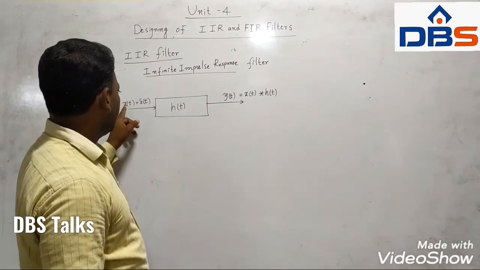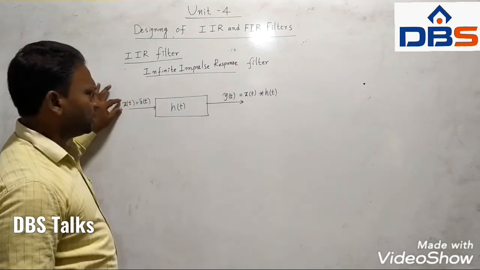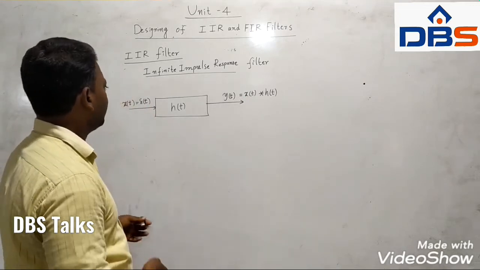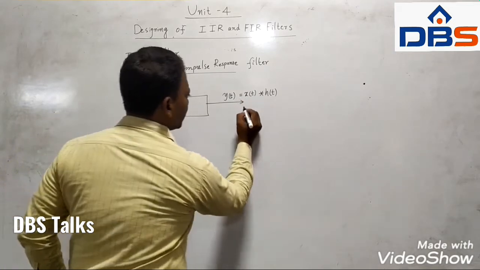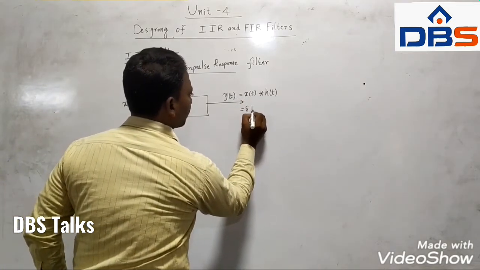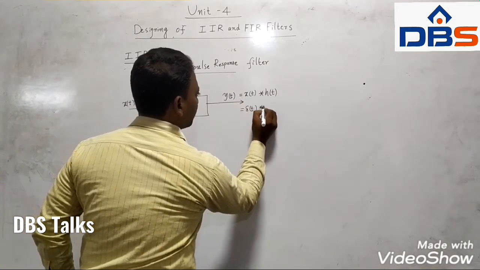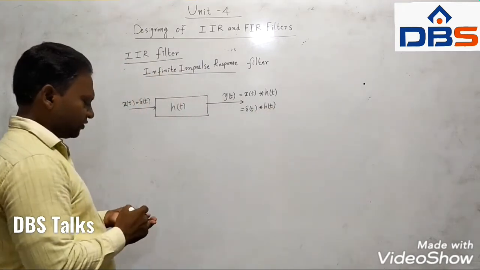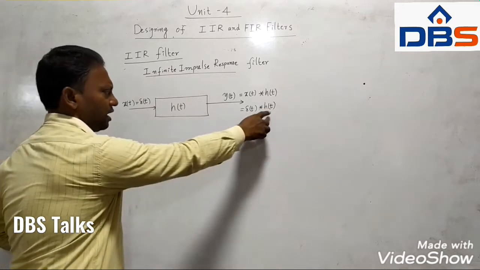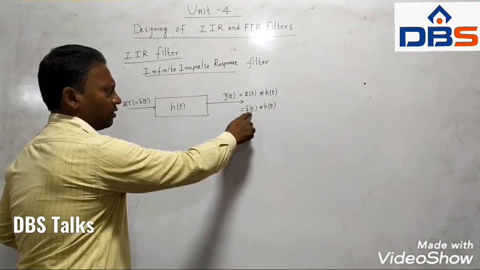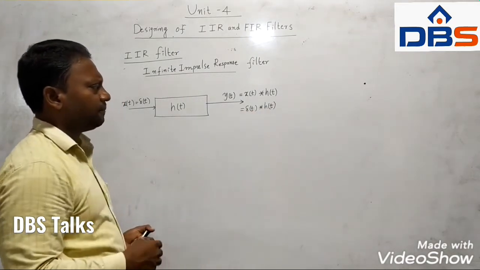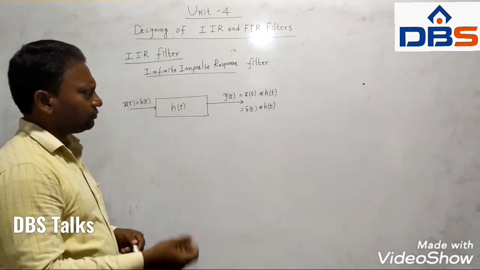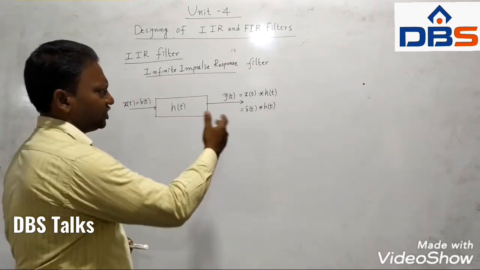Now, if the input x of t is an impulse delta t, and it is convolved with h of t, then when any signal is convolved with delta t, you will get the same response h of t only.